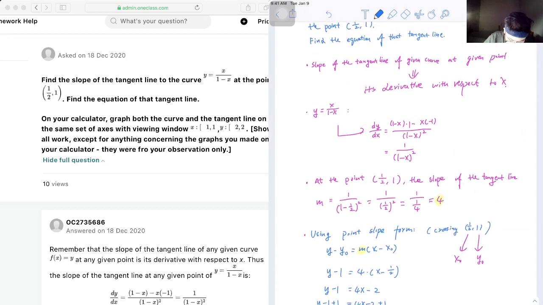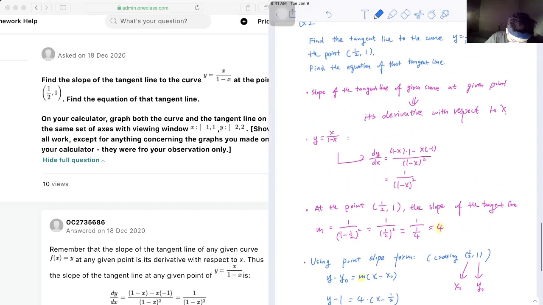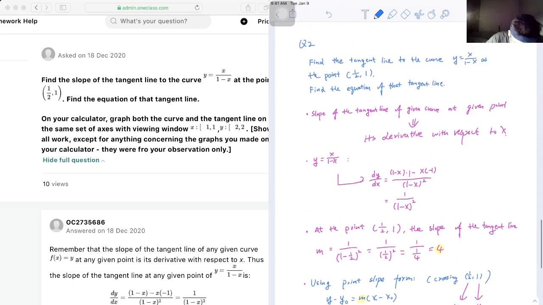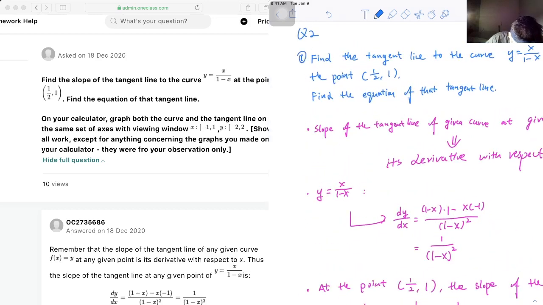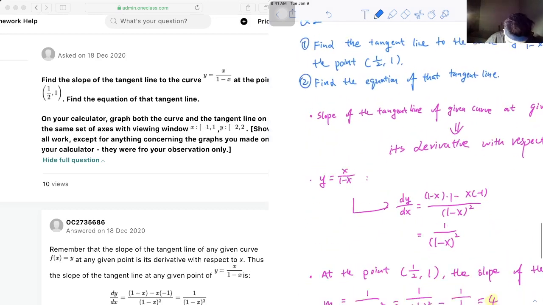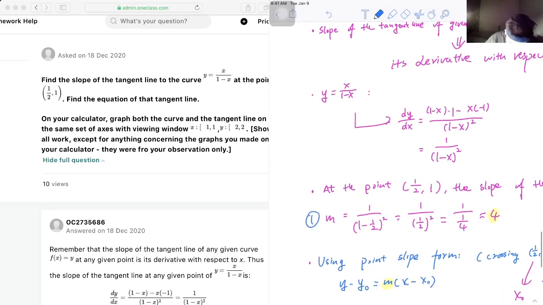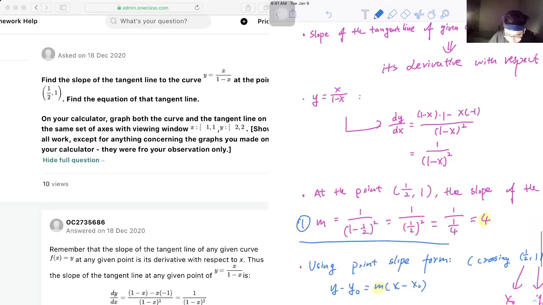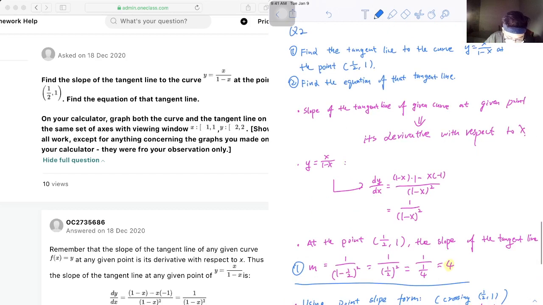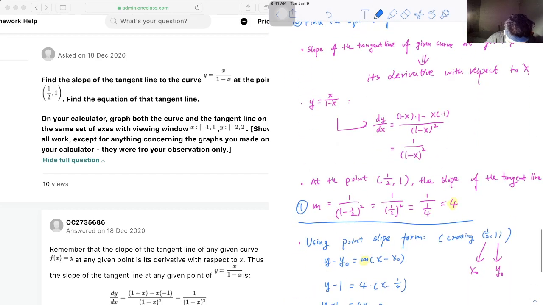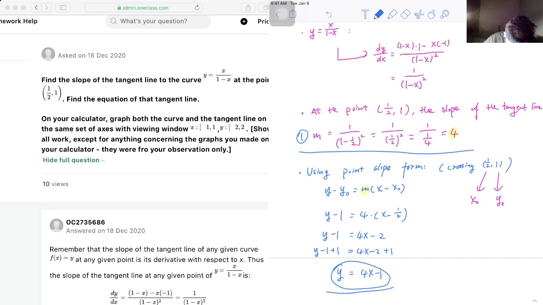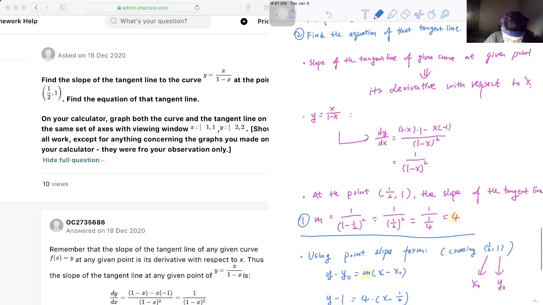Let's say that's the first part of the question and second part of the question. So here, after solving m, we will know the slope, and then here we will know the point slope form.